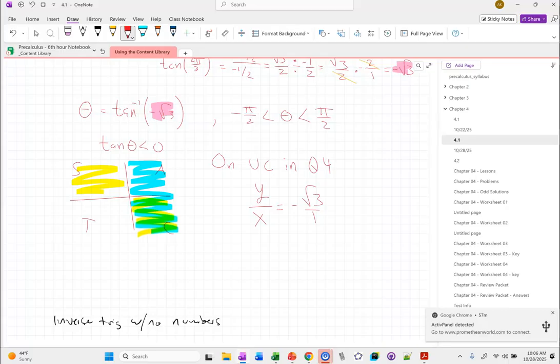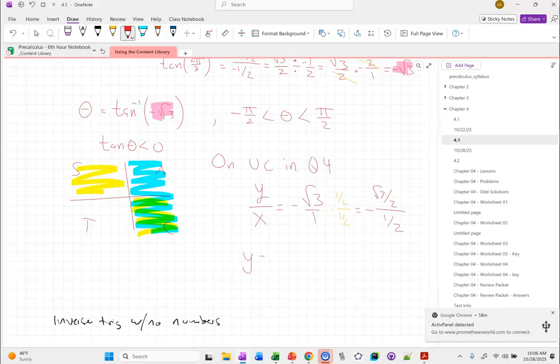But there's not any coordinates on my unit circle that are regular square root 3 and regular 1. But if I multiply this by a half over a half, there are places on my unit circle where I have square root of 3 over 2 and 1/2 as coordinates.